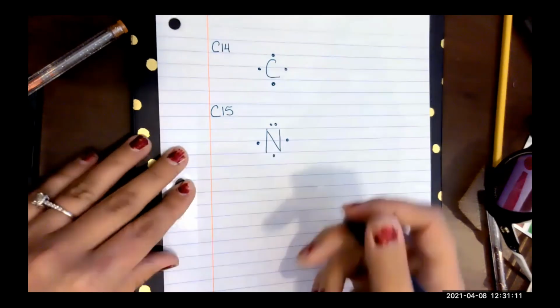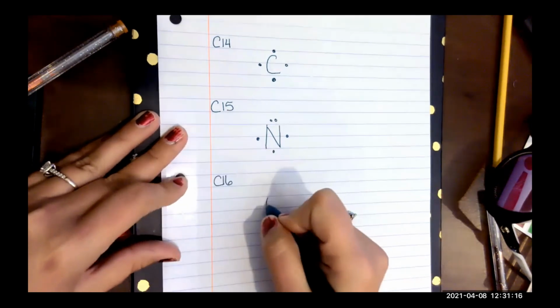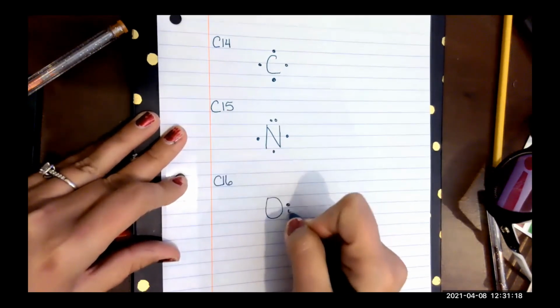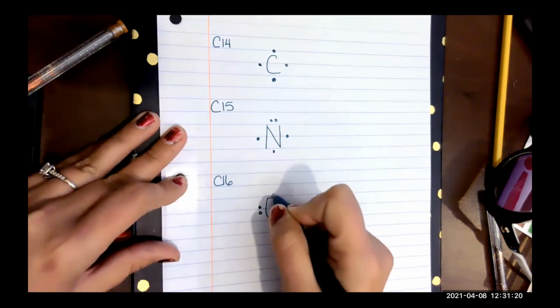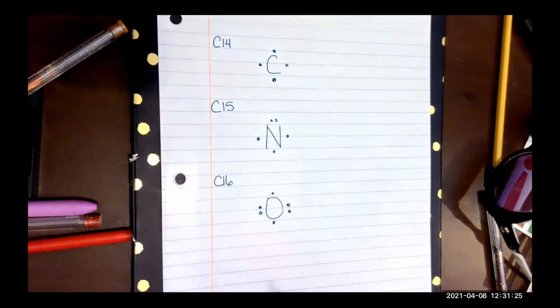We're going to do column 16. The Lewis dot looks something like this. It has 2 open dots or 2 single dots.